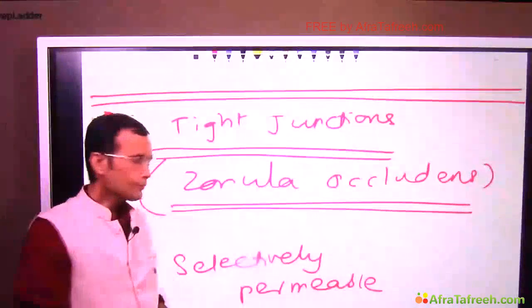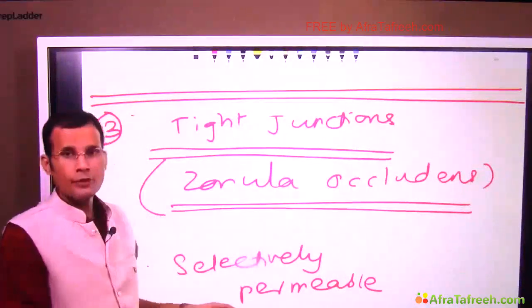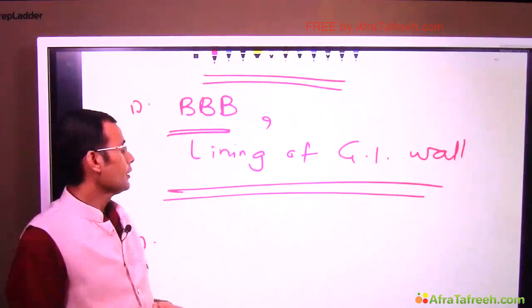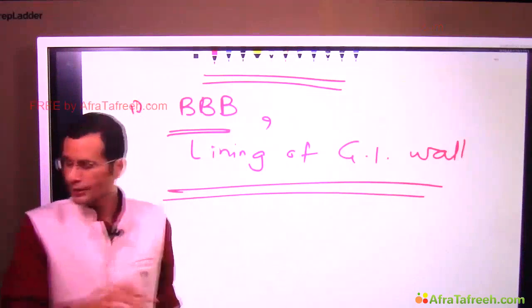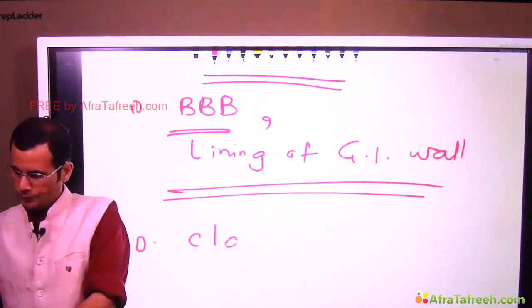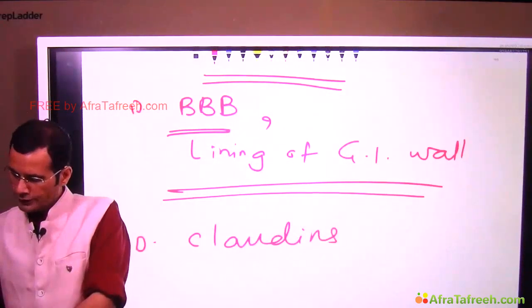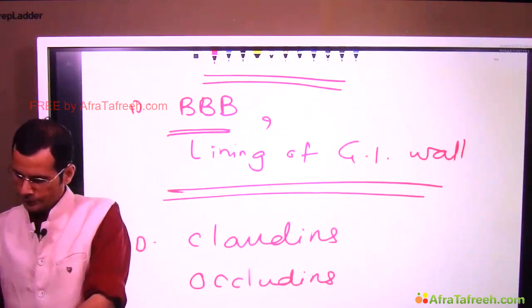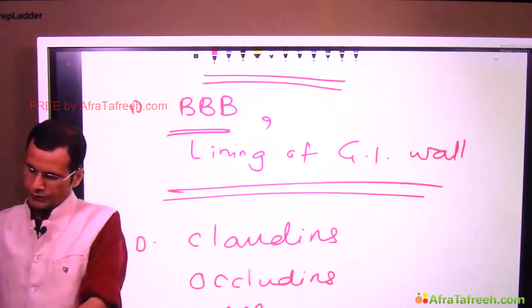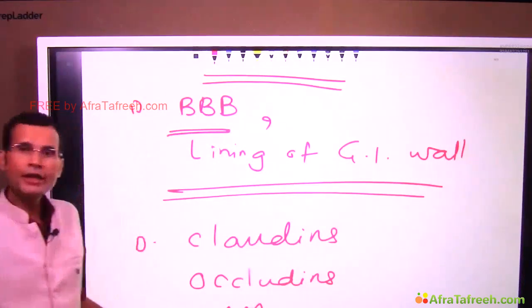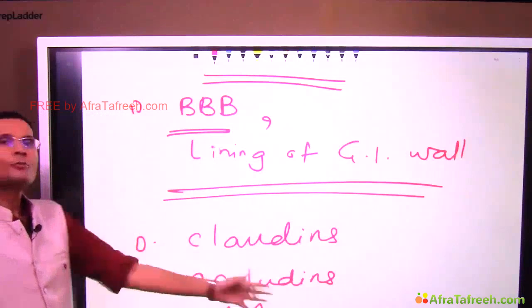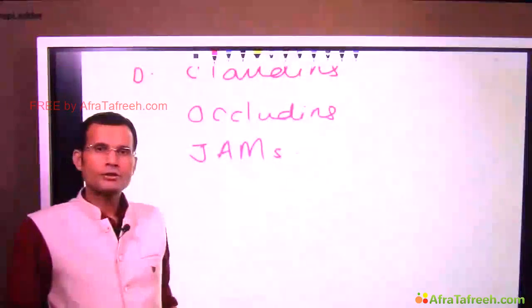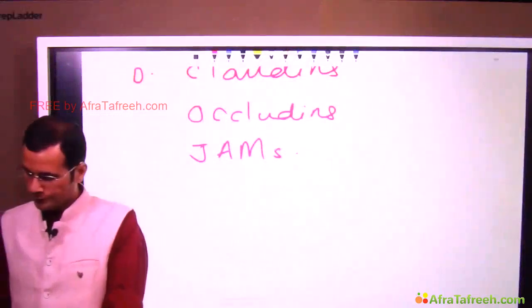And tight junctions are selectively permeable. Remember, tight junctions are formed of these three proteins: claudins, occludins, and JAMs. JAM, junctional adhesive molecules. So that's an example of tight junctions and what they are made up of.